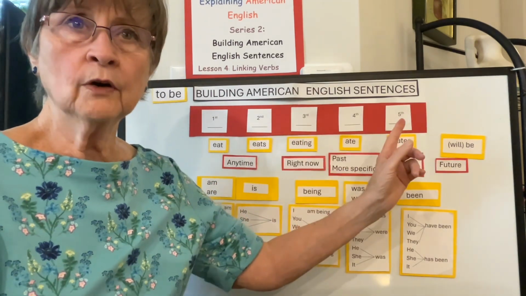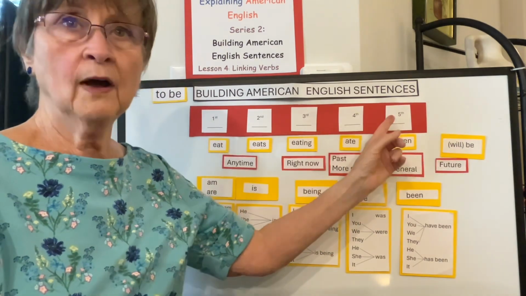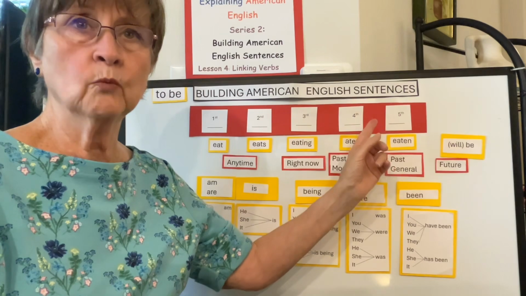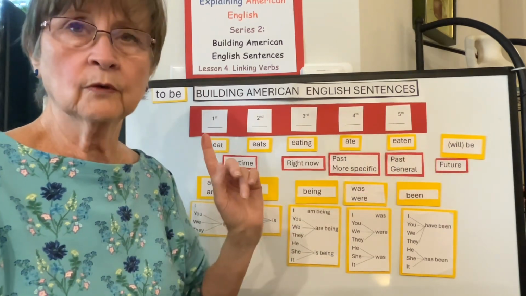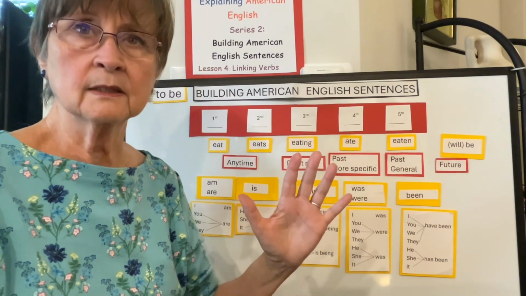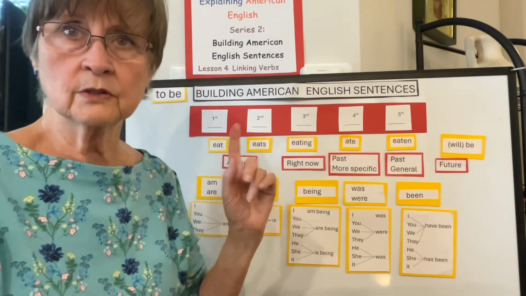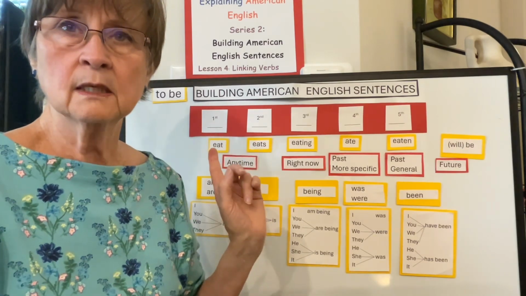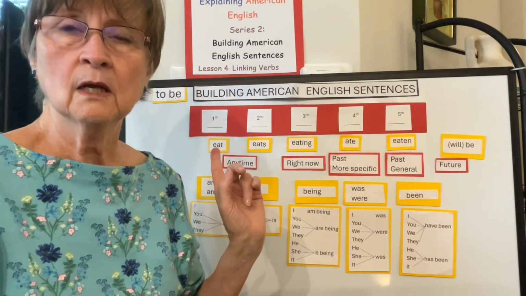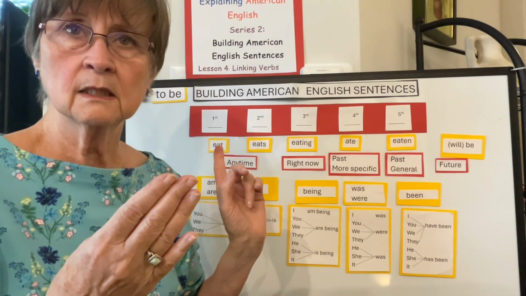Almost all verbs have 5 spellings. Sometimes 4 and 5 will be the same for a regular verb, but irregular verbs, possibility of 5 different spellings. Then we use those 5 in different ways in sentences. So the verb eat is just eat for I eat, you eat, we eat, they eat.